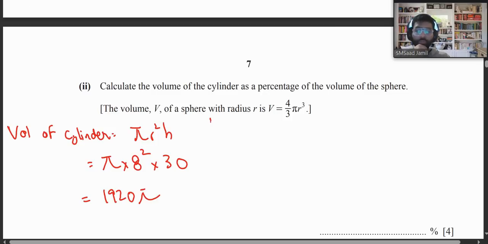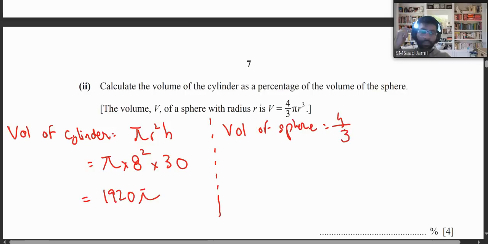Now volume of sphere is 4 upon 3 multiplied by pi r cube. So 4 upon 3, let pi be pi, multiplied by r cube, that is 17 cube.